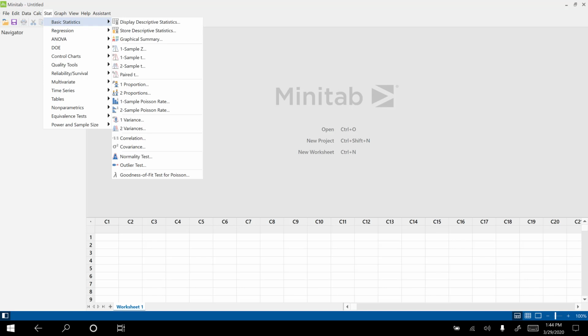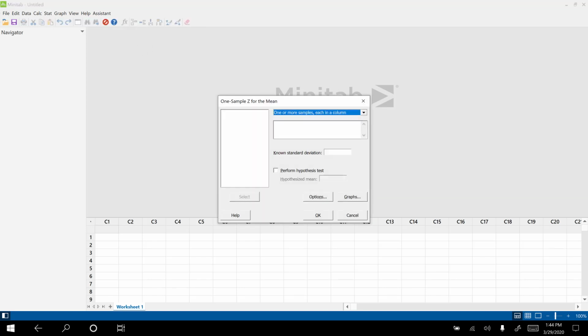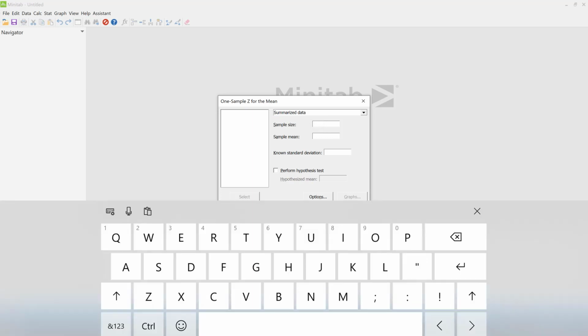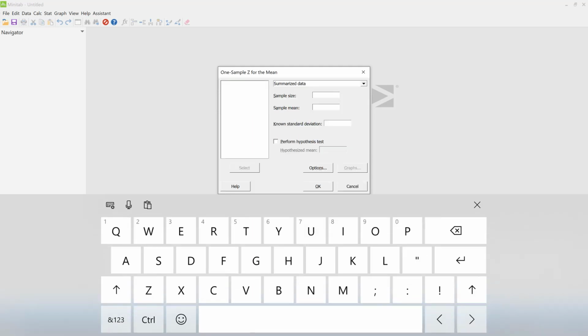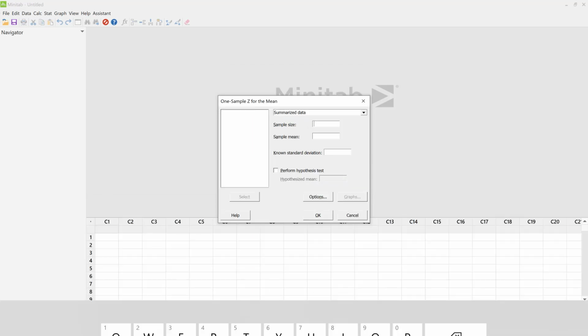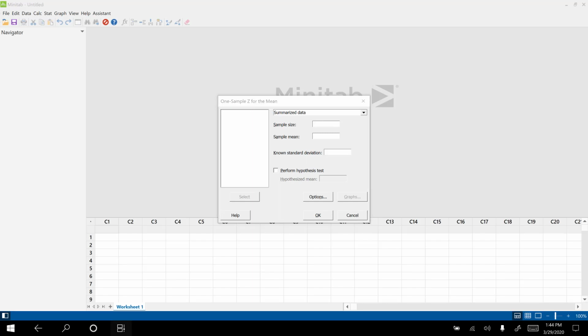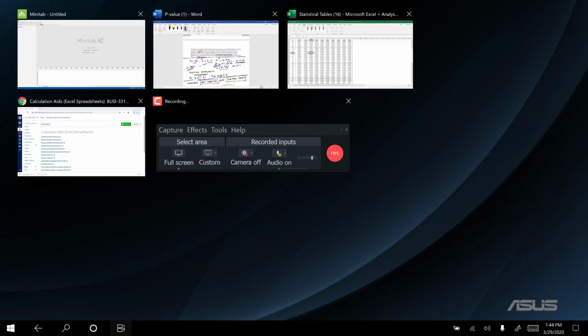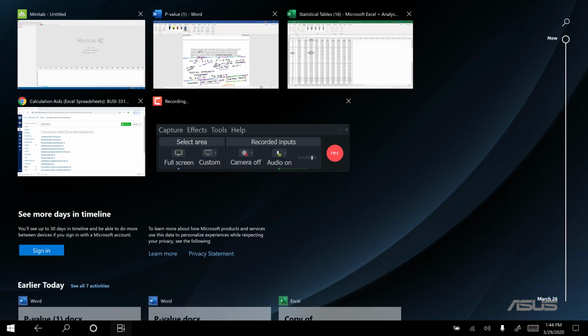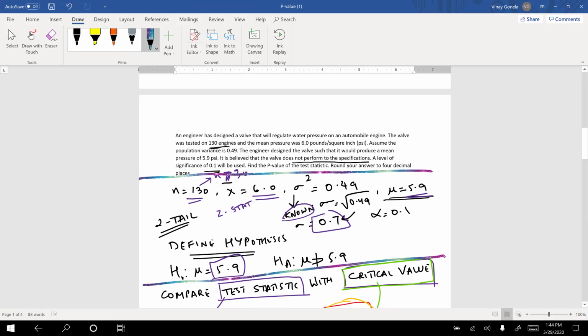We will go to One-Sample Z, and then it's asking for one or more samples in each column. We don't have any samples, we have summarized data. The first thing they are asking us is the sample size. So the sample size here is 130, so I will enter that.